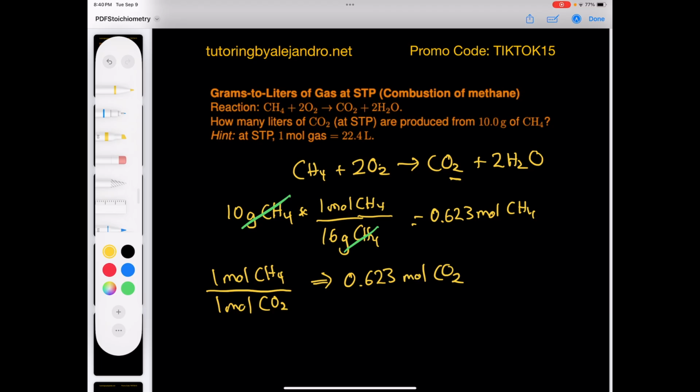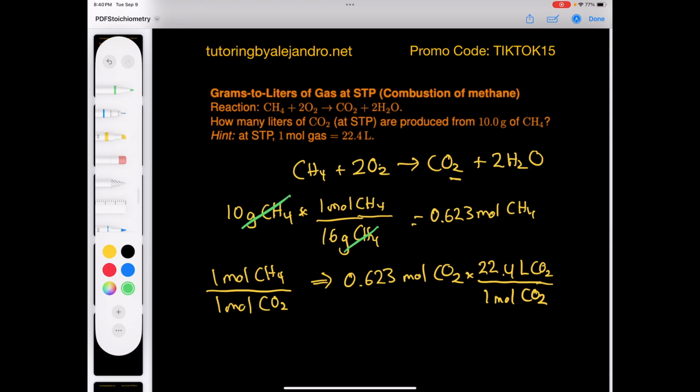So how do we get liters? Well, thankfully they gave us the hint. They're saying 1 mole of gas is equal to 22.4 liters. So we'll create a unit factor based on that. So we're saying that 1 mole of CO2 has 22.4 liters of CO2, right?